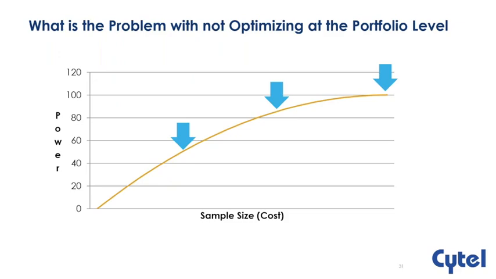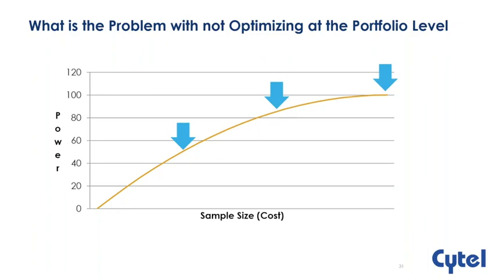I'm back to that curve of sample size versus power. At the beginning, that curve is much steeper, and then it flattens, and in the end it becomes a lot smaller. So for the last one-third, or let's say one-fifth, of the cost that you're investing, you're gaining very little in terms of power.